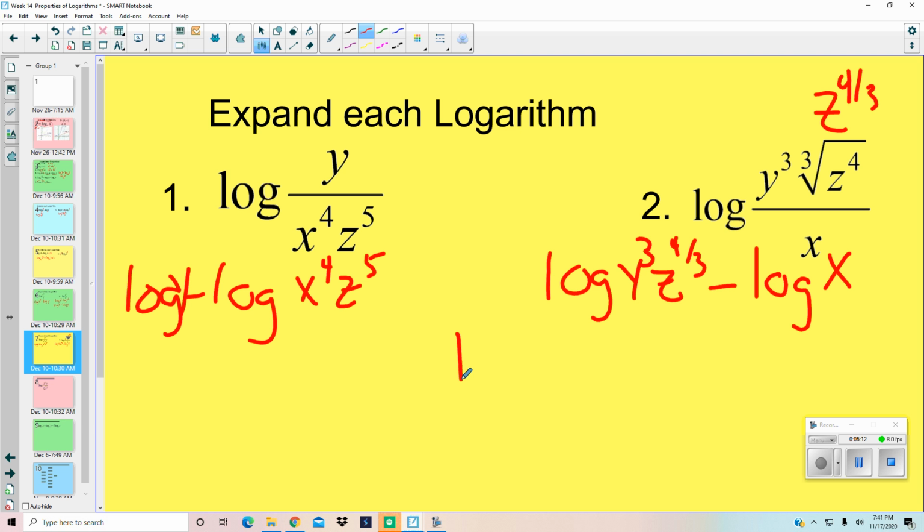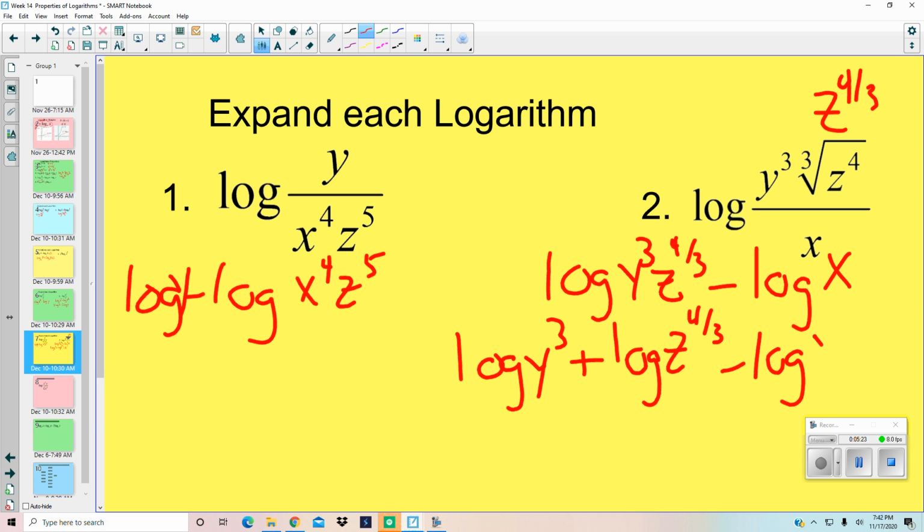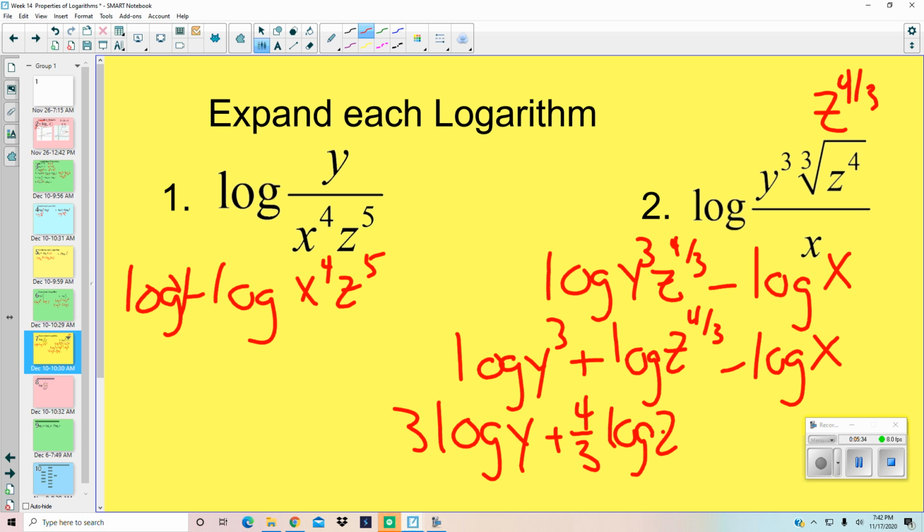And then I can expand that further, making this addition. And I can even make 3 the coefficient. Oops, minus log of x.